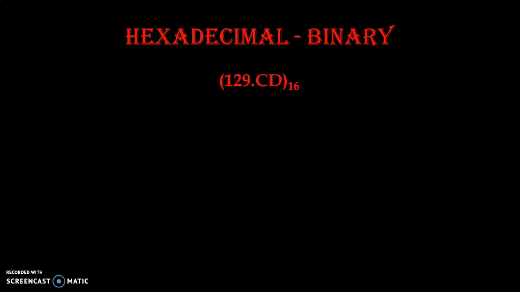Let us take one more example of a mixed hexadecimal number. We can see 129, which is a hexadecimal integer value, and point CD, which is also hexadecimal but a fractional value. While converting hexadecimal to binary, the first step is to separate all the individual hexadecimal numbers.